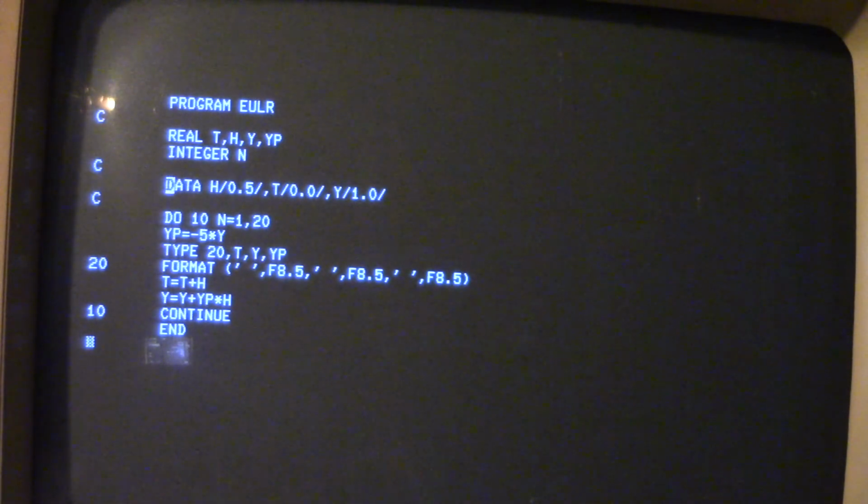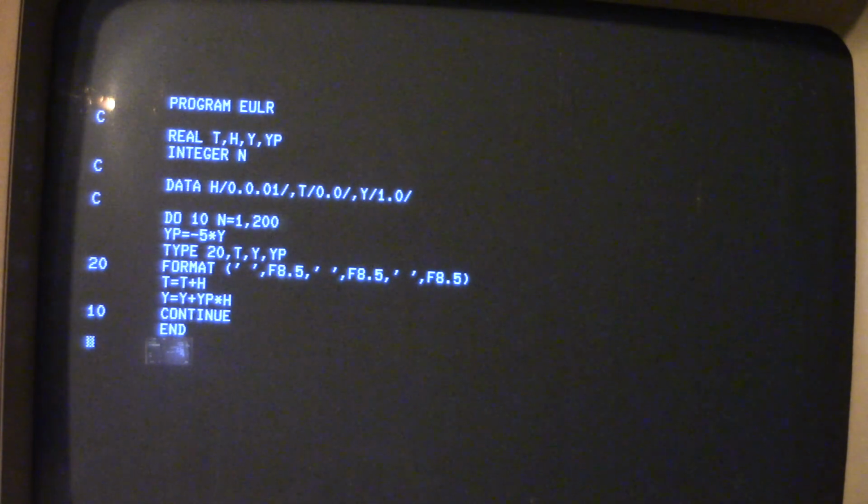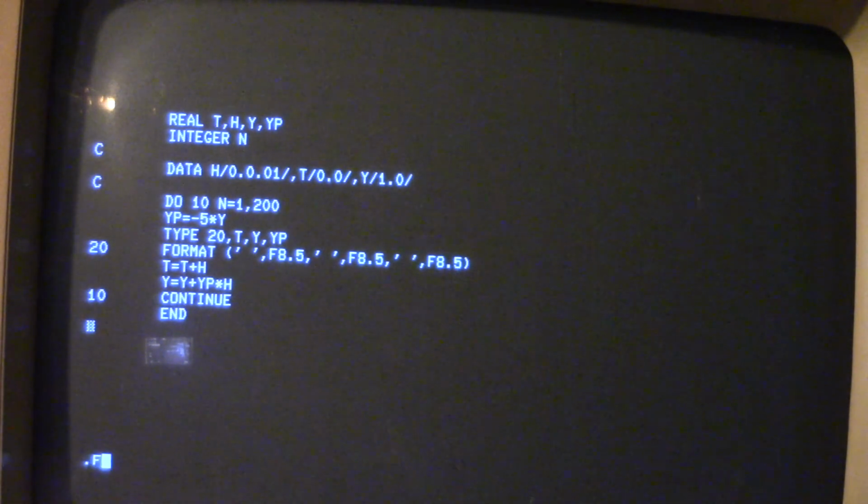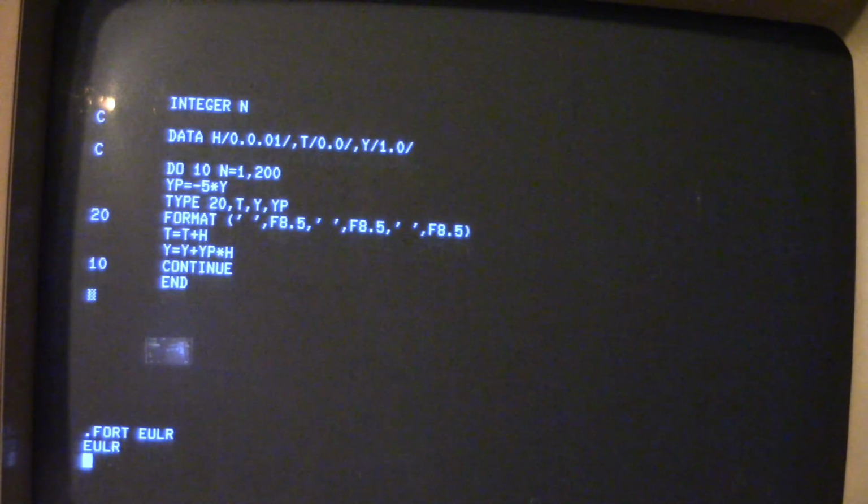So whenever you use Euler's method, you need to choose a smaller step size. So let's go modify the program with a smaller step size and try it again. So here's the step size. Let's make it run for quite a few more steps. Compile.